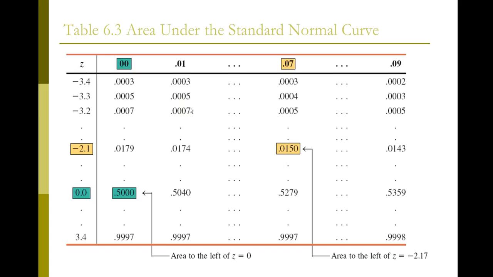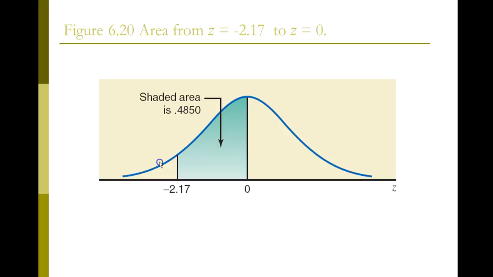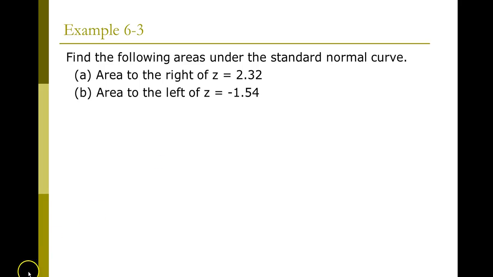You can use the table, but it will tell you the area to the left of this number, so you have to do a little bit of thinking after that. And here they say the area to the left of 0, we said 0 is right in the middle, so the area to the left of it is 50% of the area, which is this. Okay, let's go on, but let's stop the video and continue.